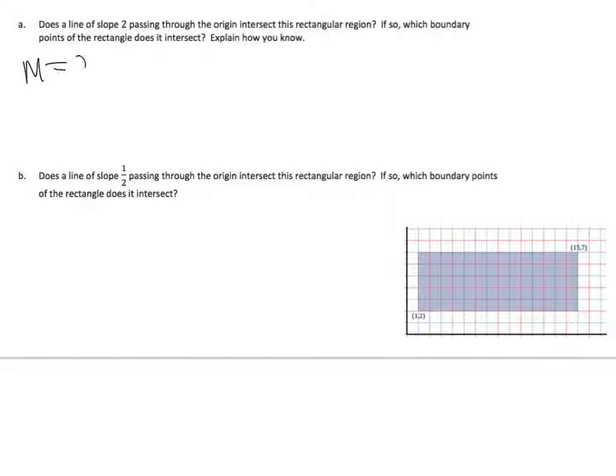M equals 2, which is 2 over 1. That's your rise over your run. So we have 2 over 1, so 1, 2, 1, 1, 2, 1, and so on. That gives me that straight line. So it does pass through.